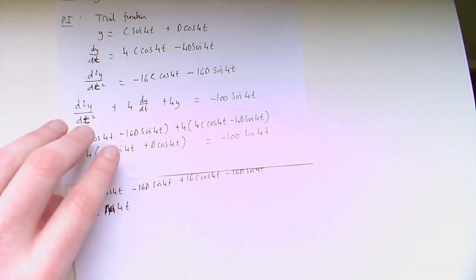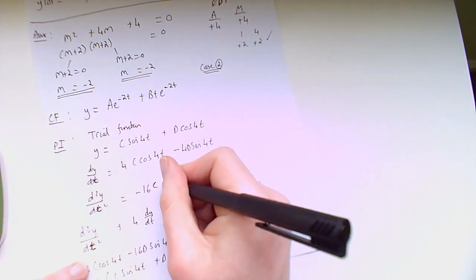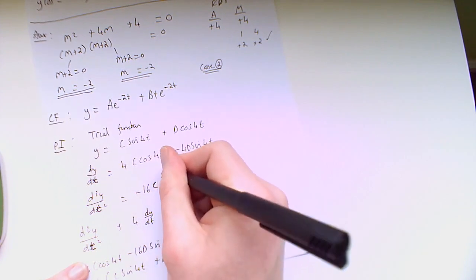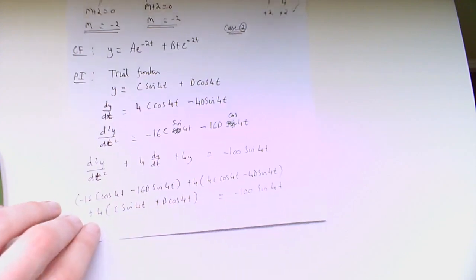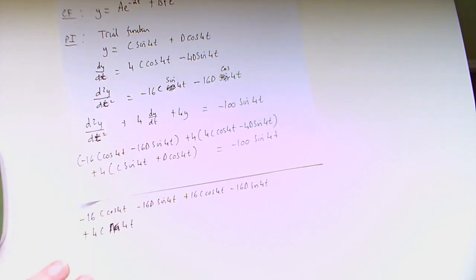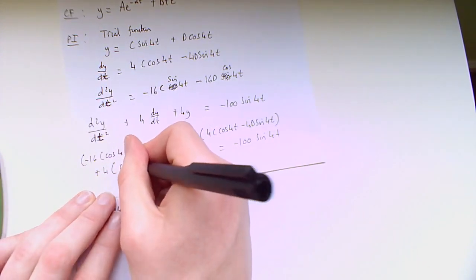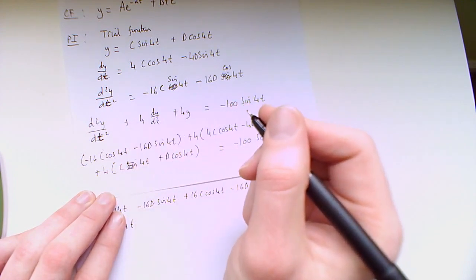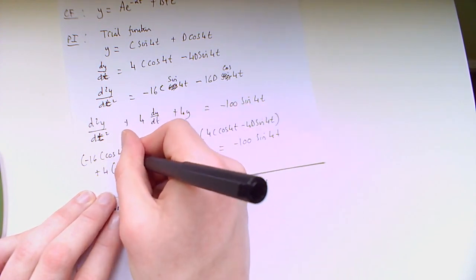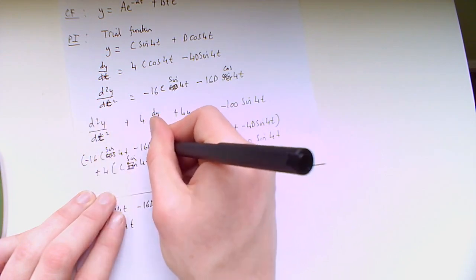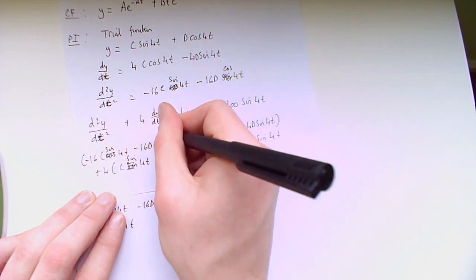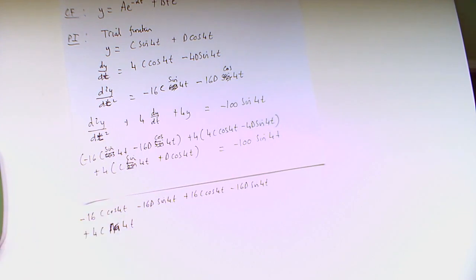See our second derivative, that should have changed to sine, and that should have changed to cos. Apologies for that, I missed that out earlier. So that should be sin, and that should be cos. Let me just start that again.